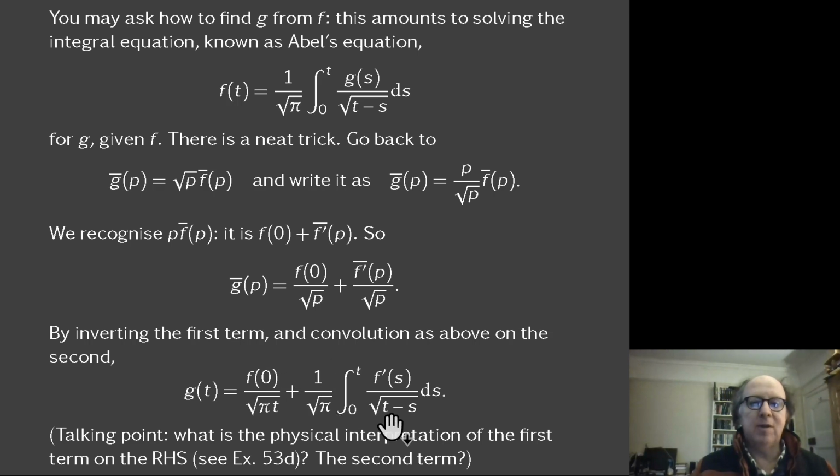And then 1 over root pi, the integral 0 to t, f of s over root t minus s is just the convolution of 1 over root pi t, which gave us this root p on the bottom, and f primed of s on the top. And you might like to think, what is the physical interpretation of this term, and what is the physical interpretation of this term? This whole result is known as Duhamel's theorem.